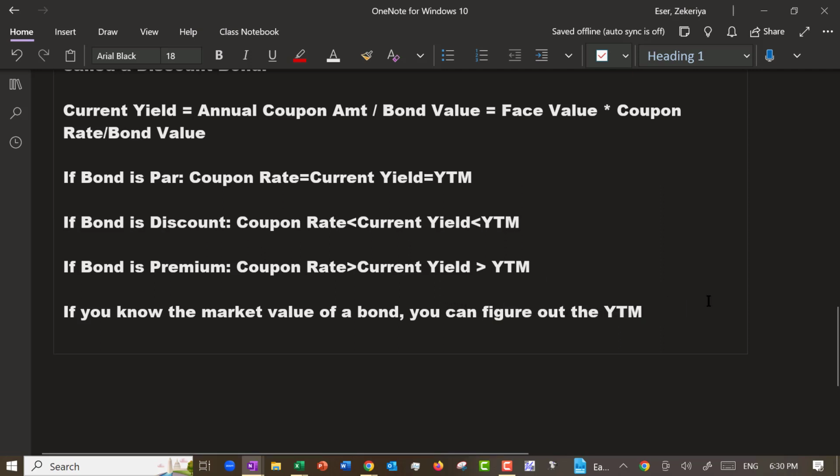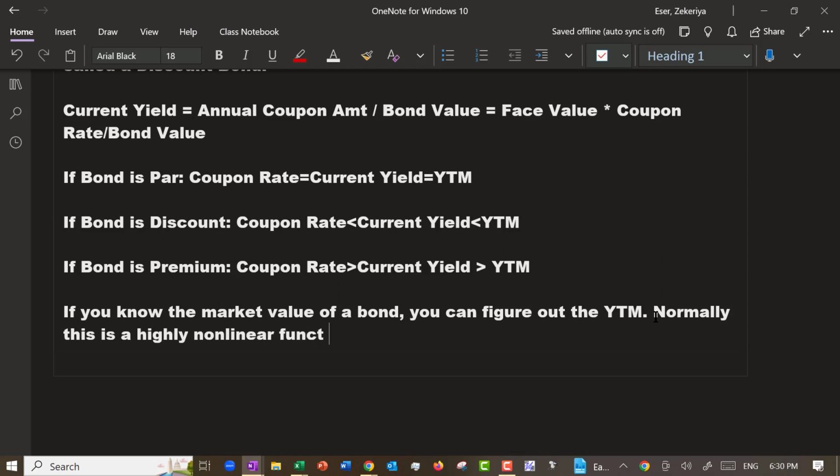Normally, this is a highly nonlinear function. But we actually have a function in Excel to do it, but we have goal seek to solve our problem.